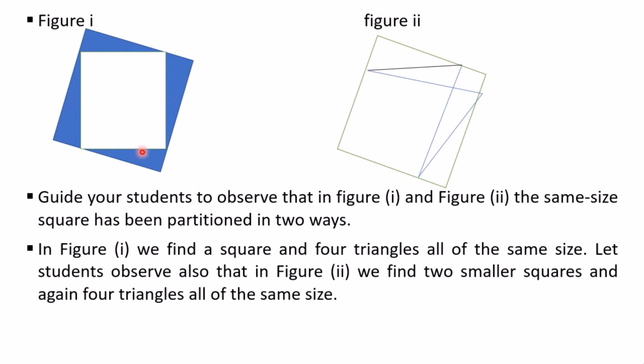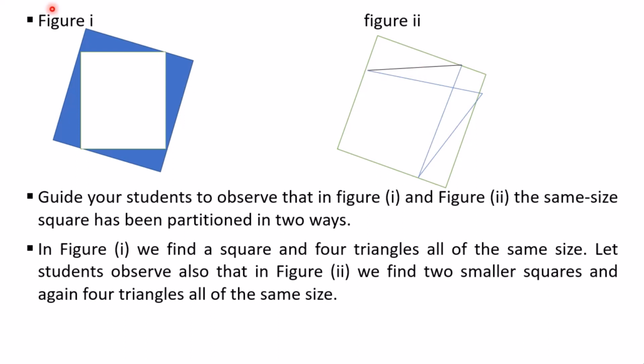You can let your students observe also that in figure II, we find 2 smaller squares and again 4 triangles all of the same size.